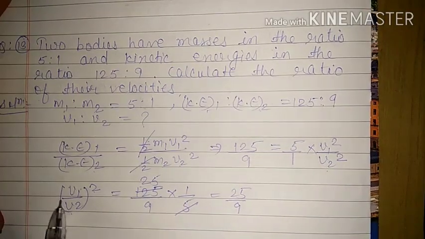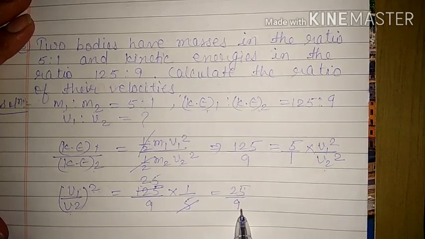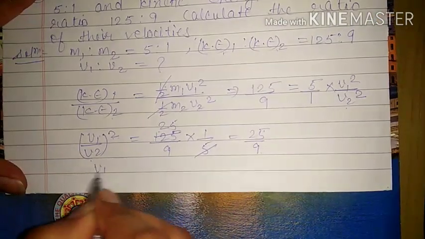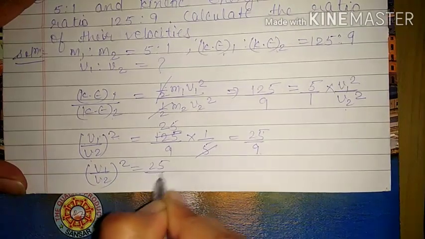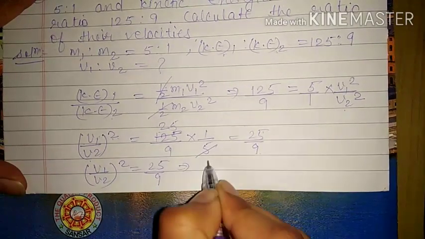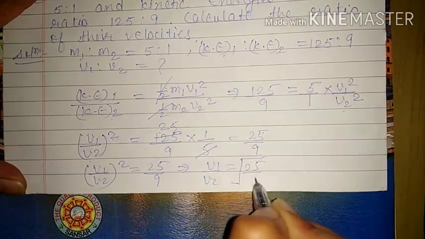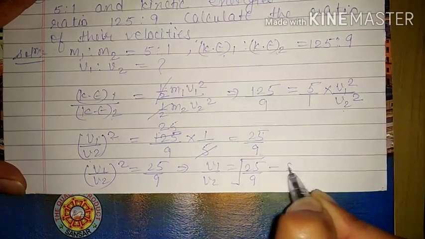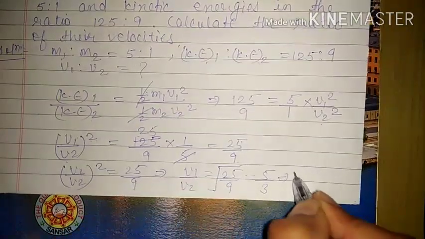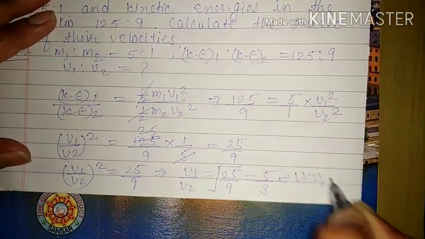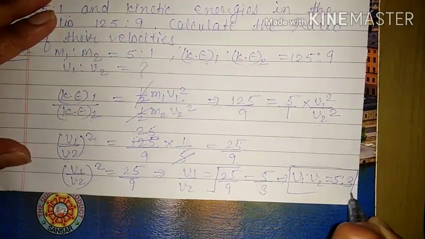See, v1 upon v2 whole square is equal to 25 upon 9. This implies v1 upon v2 is equal to under root 25 upon 9, that is equal to 5 upon 3. Therefore, v1 ratio v2 is equal to 5:3. This is our question number 13.